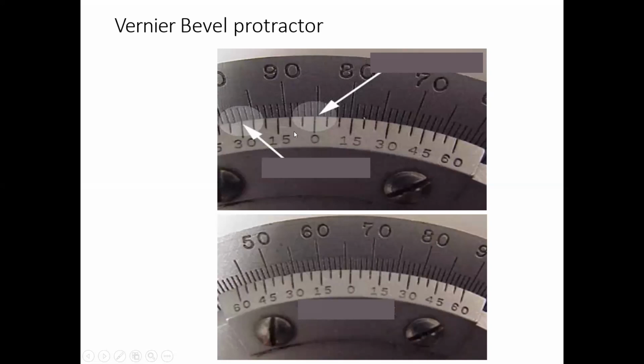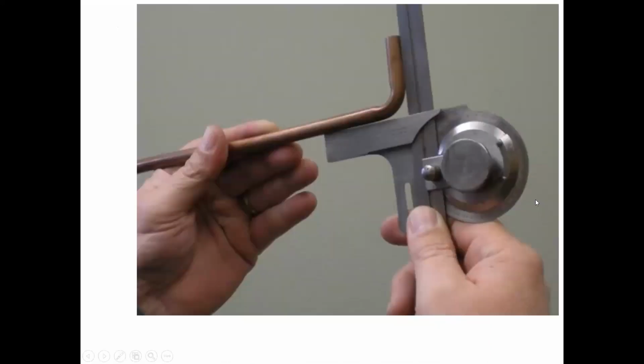For the vernier, the readings increase in the anti-clockwise direction, so you take the leftmost vernier. On it, the 30th division exactly coincides with a main scale division, so 30 minutes is the vernier scale reading. The reading for the given fixture is 85 degrees 30 minutes. Likewise, you have to take the reading.